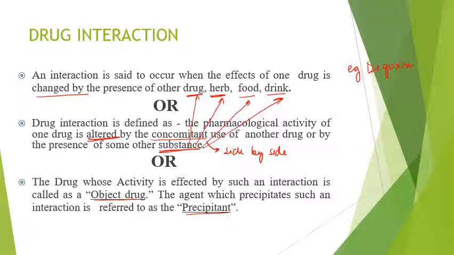So concomitant use of antimicrobials along with digoxin can lead to its failure in metabolism and ultimately lead to accumulation of the drug in the body. So here digoxin is your object drug, whereas the antimicrobial is your precipitant.